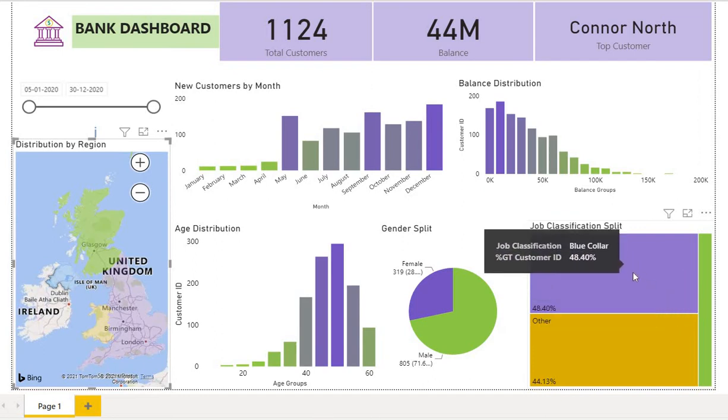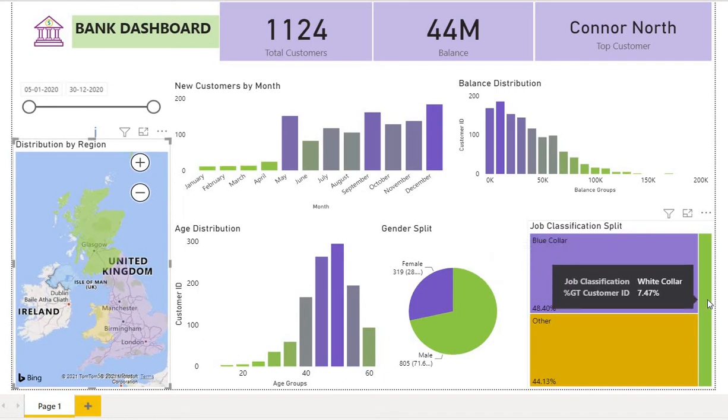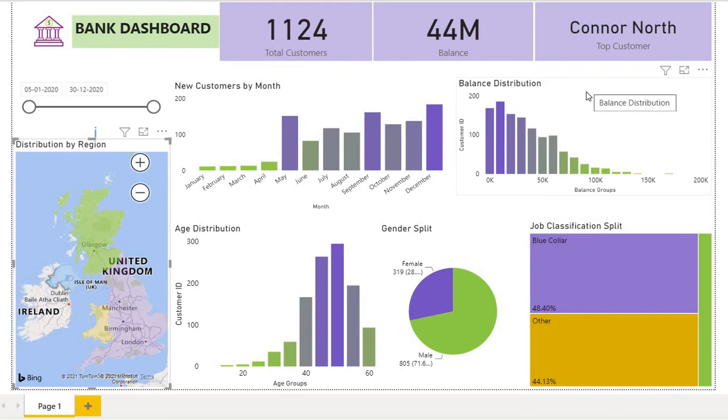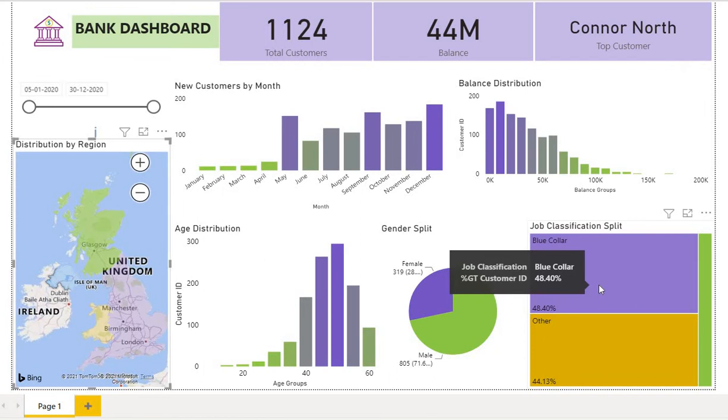So the blue collar job here, that is the low paying jobs, is 48.40%. Whereas the white collar jobs is approximately only 8%. So from here we can analyze that the balance distribution that we analyzed was correct. That more number of people have less balance and less number of people have more balance because of the blue collar jobs in Scotland.